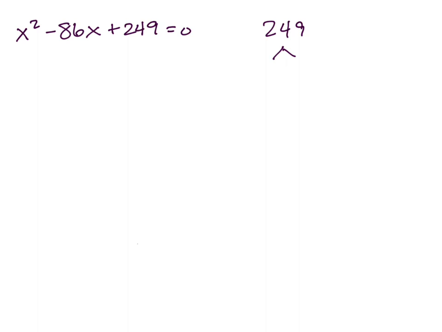So my factors were negative 3 and negative 83. I'll save you a lot of heartache right there. It was the first number I tried, and it worked. So when we factor that, we're going to have an x minus 83 and an x minus 3 equal to 0.